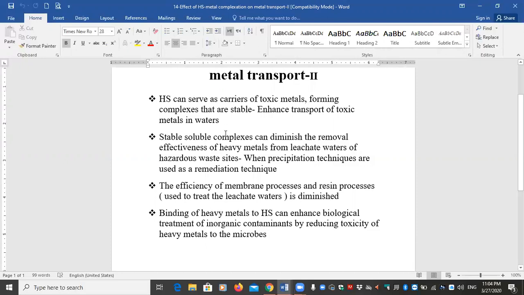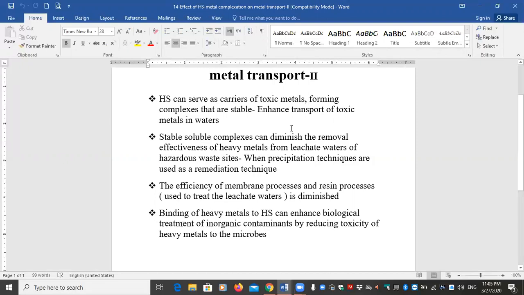Stable soluble complexes. Remember here, the stable complexes were bad. They kept moving them down to the water. Stable soluble complexes can diminish. What does diminish mean? Reduce the removal effectiveness of heavy metals from leachate waters of hazardous waste sites.